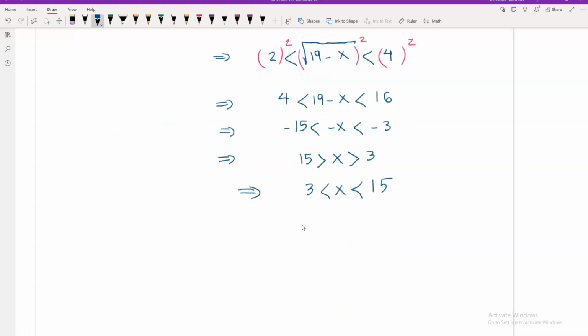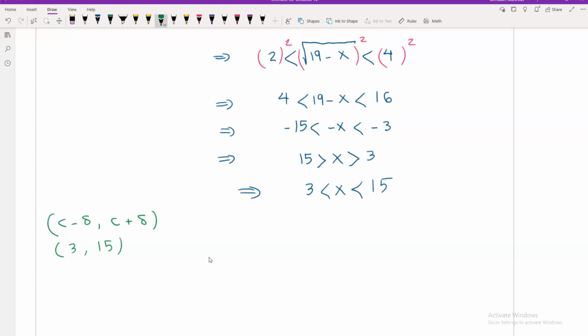Now we can find delta. So this is our interval. What we have for c minus delta, we have 3. And what we have for c plus delta, it's 15.